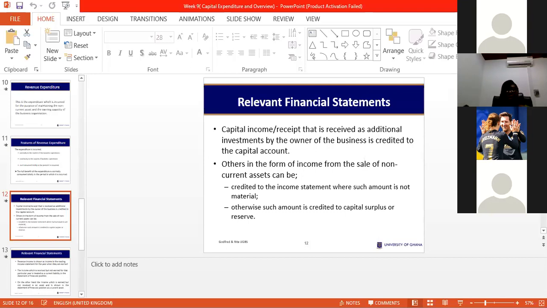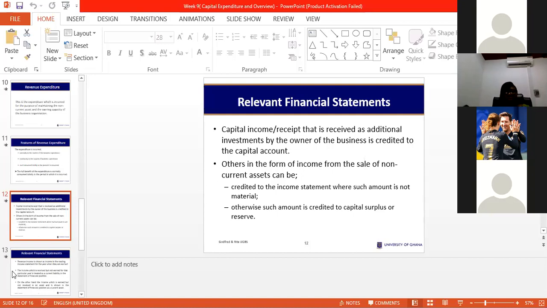Now, if we sell a non-current asset which is not material, meaning the amount is not so huge, then we'll credit it to the income statement. But if the amount is huge, then we'll treat it as part of equity. We know that equity is capital plus retained earnings plus reserves. So we treat it as part of equity.